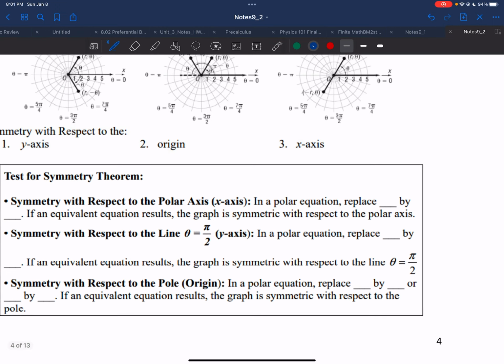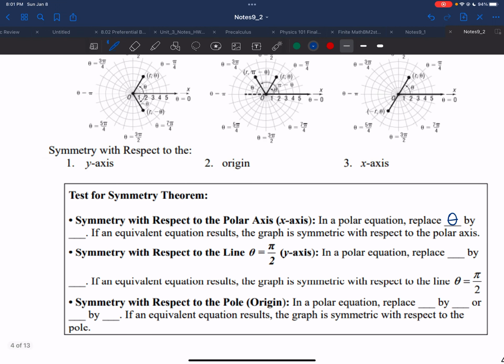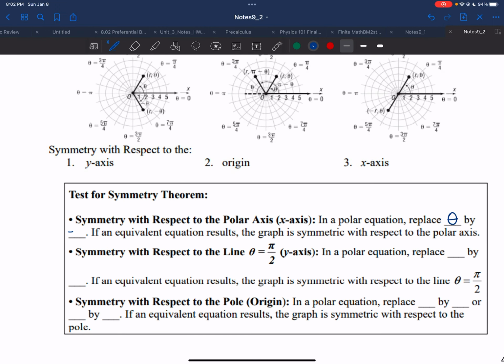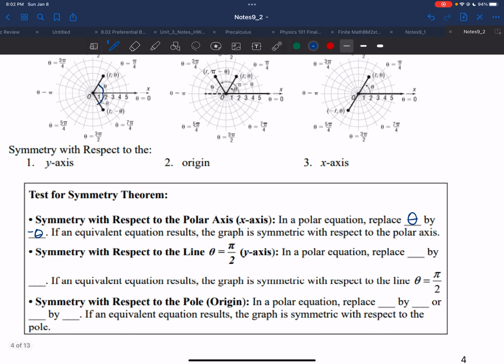So in a polar equation, replace theta by negative theta, right? So if I go up pi over 4, then if I go negative pi over 4, I should get the same equivalent, but flipped over the x-axis.